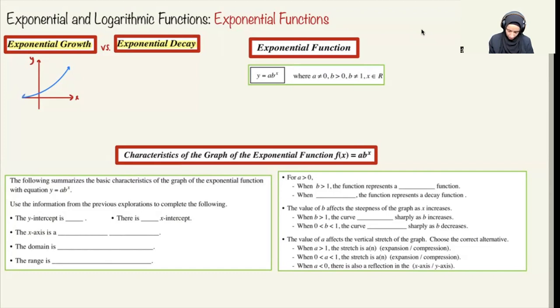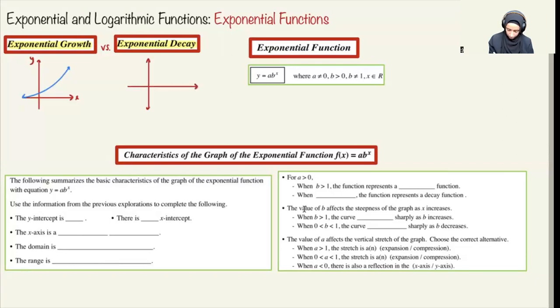And then you can have something that has an exponential decay. It could look something like this. Here's my y-axis, here's my x-axis.